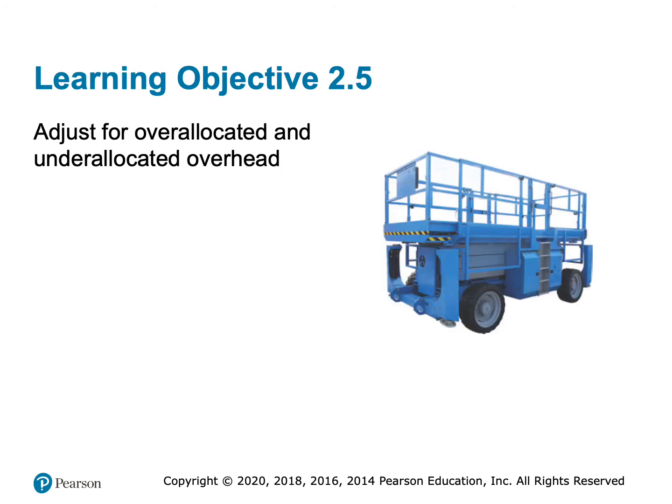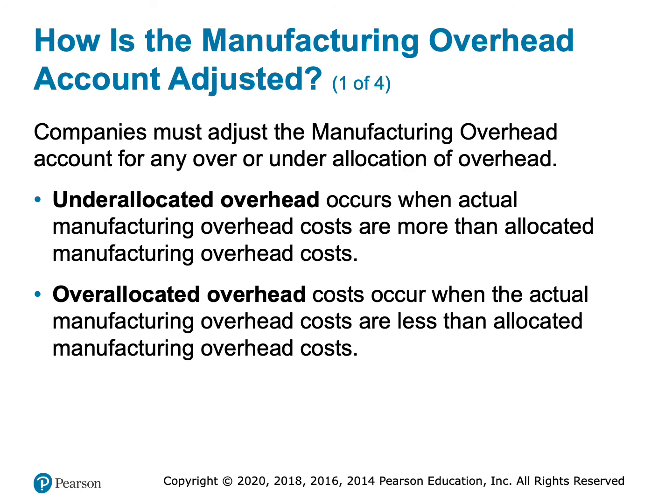So now let's go back to that overhead account. If you remember, that overhead account on the debit side had all of the actual overhead amounts, and then the credit side had the allocated or applied amounts. In our example, we wound up with a debit balance because the actual side was larger. So that means that we had under allocated overhead.